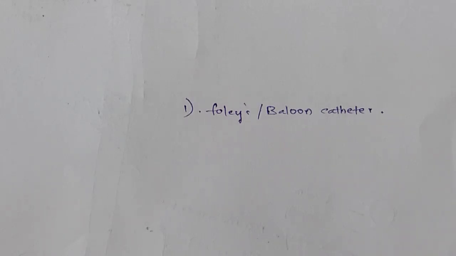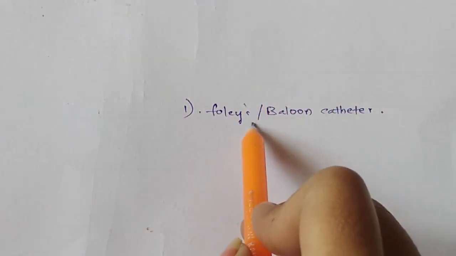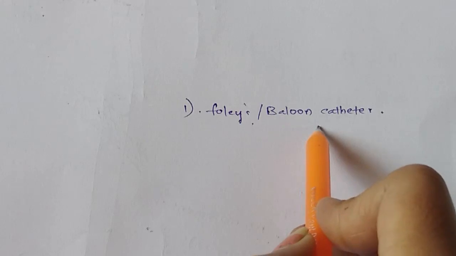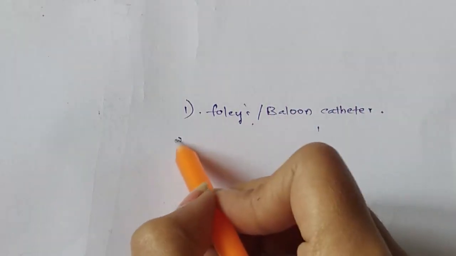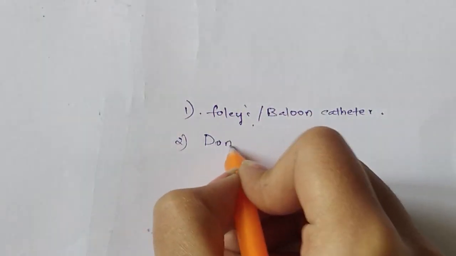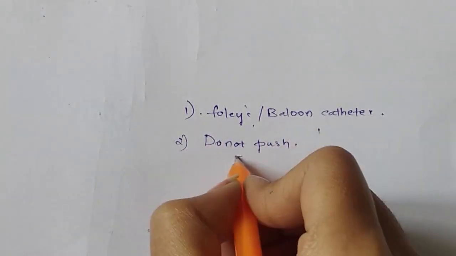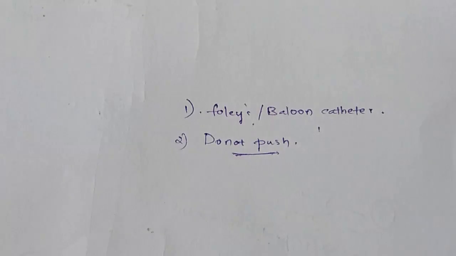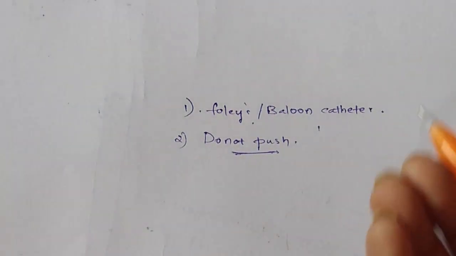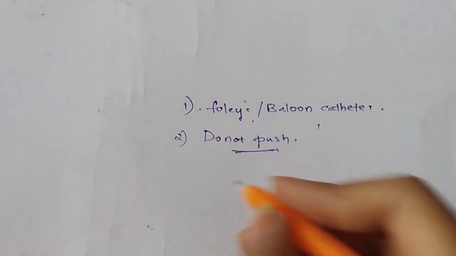It is not advised to remove them using Foley's catheter or balloon catheter. You should not push. Never push. Should not push the foreign body into the stomach so that it will get spontaneously expelled. We have to try to remove it rather than pushing it down.